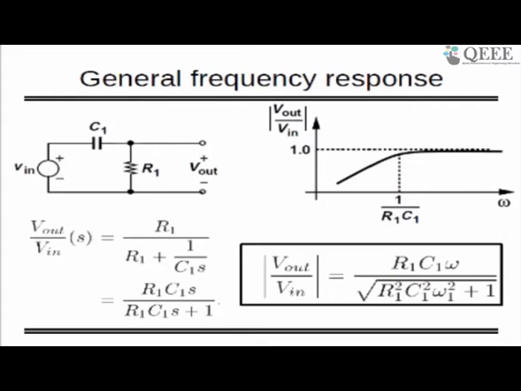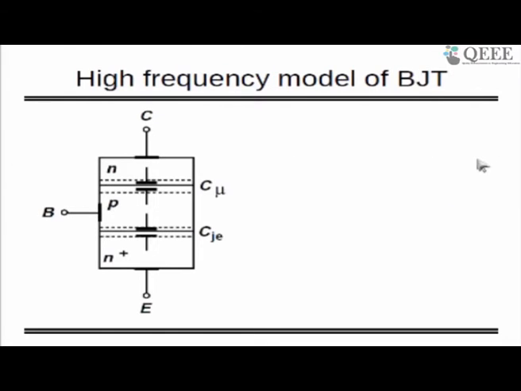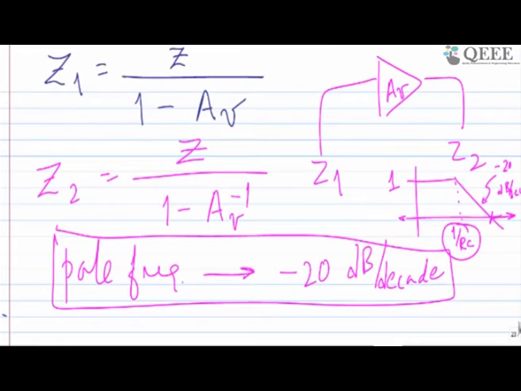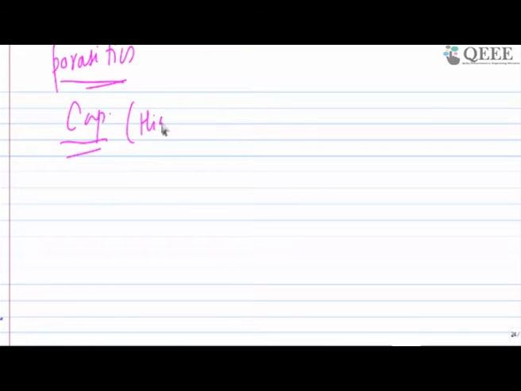Okay, so now go to the BJT, where there is a high frequency model of BJT. What I'm saying is, we agree that parasitics will be there. You don't want them, but they are there. I'm talking about capacitors, because a capacitor becomes active at high frequency, or whenever there is frequency, it allows AC.